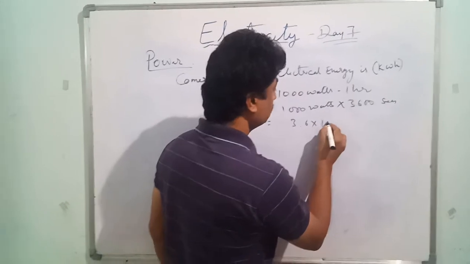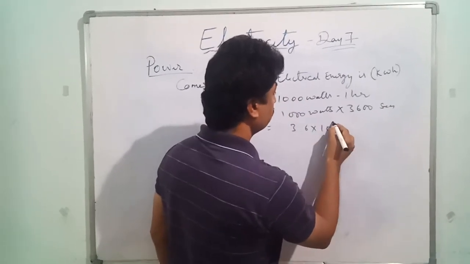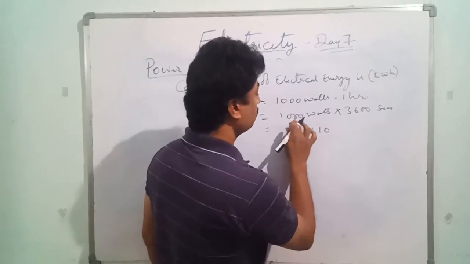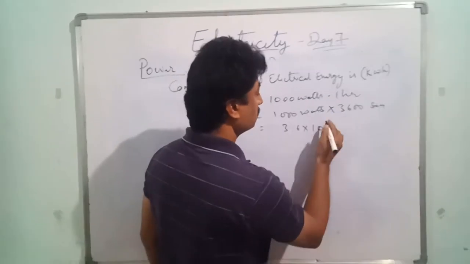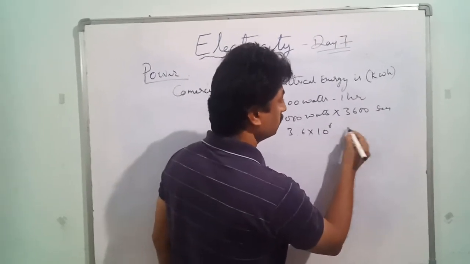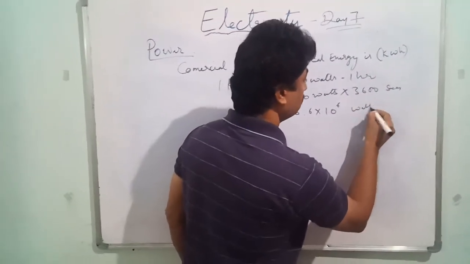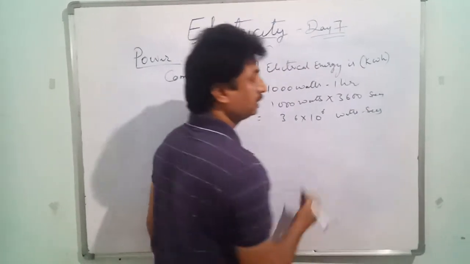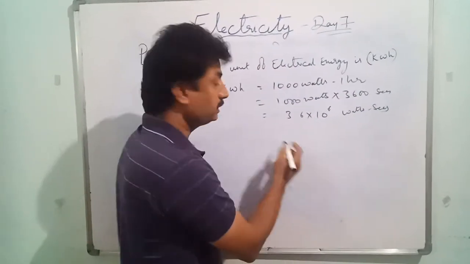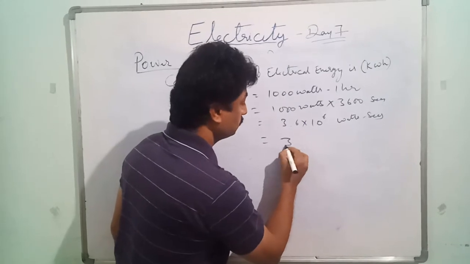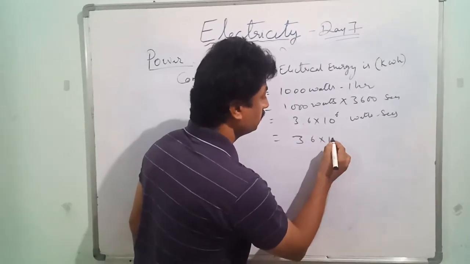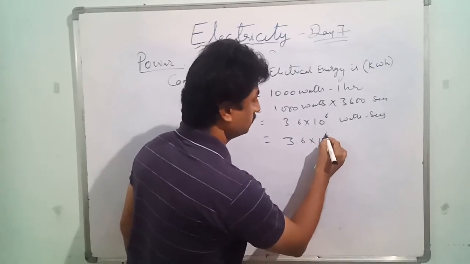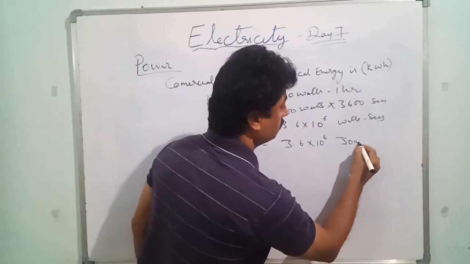Now it will be 3.6 into 10 to the power of 6 watt seconds. Okay, this watt seconds is nothing else but joules. So 3.6 into 10 to the power of 6 joules.